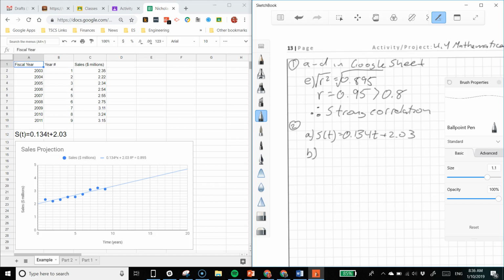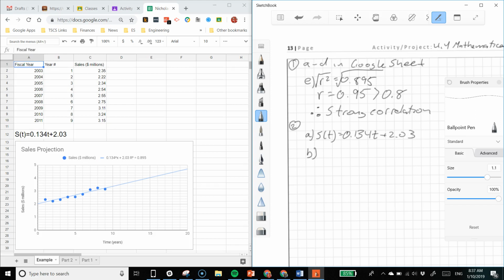anything below 0, obviously, actually anything really below 1 makes no sense, because if I said my first year is 2003, I can't go backwards from 2003, and so it has to be greater than or equal to 1 for sure.